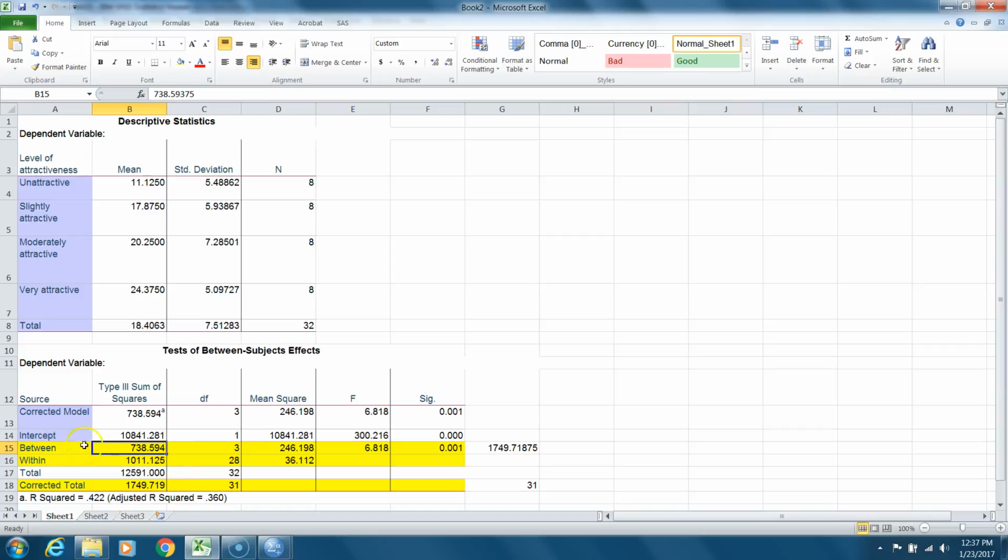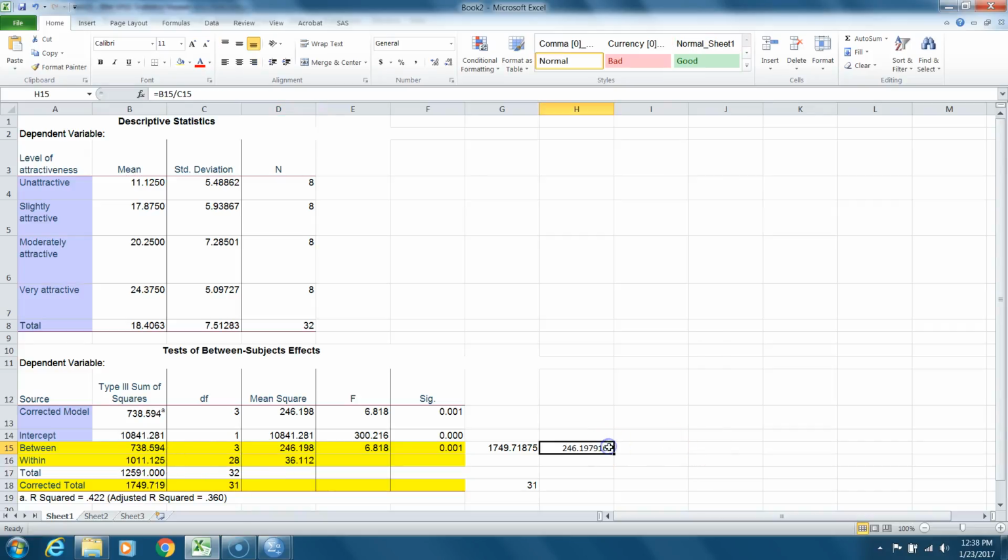For between group, we would take 738 divided by the appropriate degrees of freedom, 3, just going across that column. You can see I'm going across, and I get 246. Lo and behold, 246 is your mean square. Think of that as the variance that's related to the between group variance. And we can think below, we can just take the same thing.